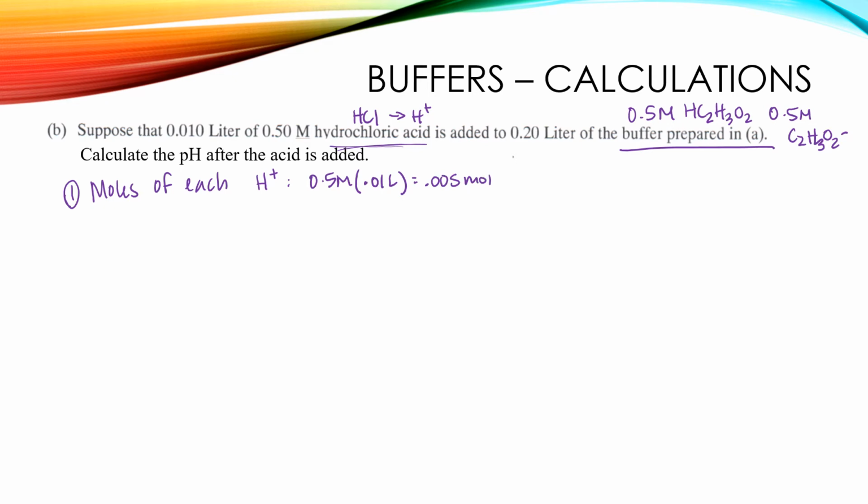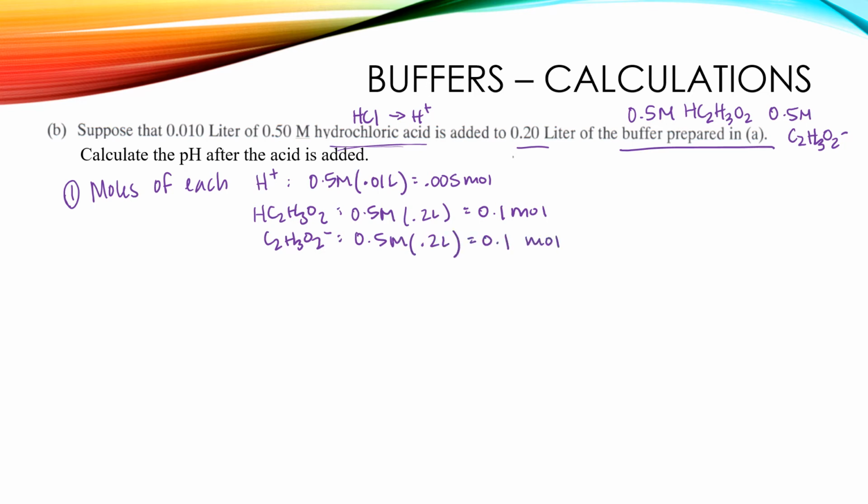And then for both of the other two, I have 0.5 molar times 0.2 liters, 0.1 moles. So what I did is I multiplied the molarity times the volume of each piece of this puzzle to get the moles of each part.